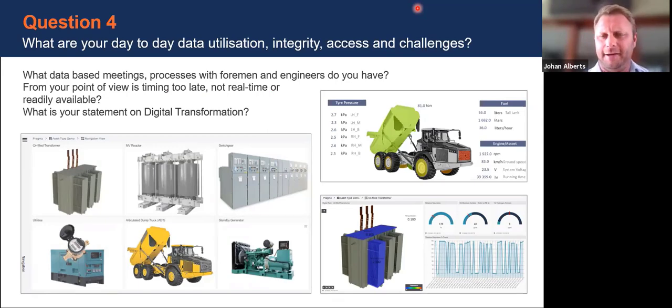Some pilots are successful, but then they never get rolled out. So I'm just throwing it out there for you. But let's look at this question on your day-to-day utilization, integrity, access, and challenges when it comes to data. And is the information in time, or too late?